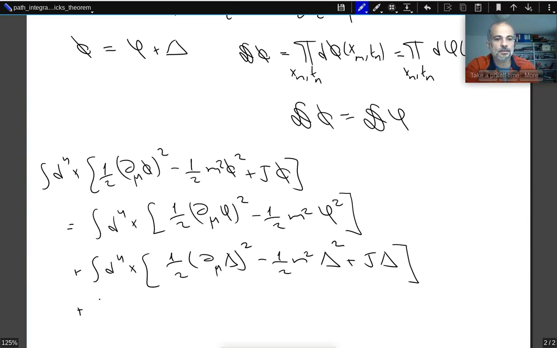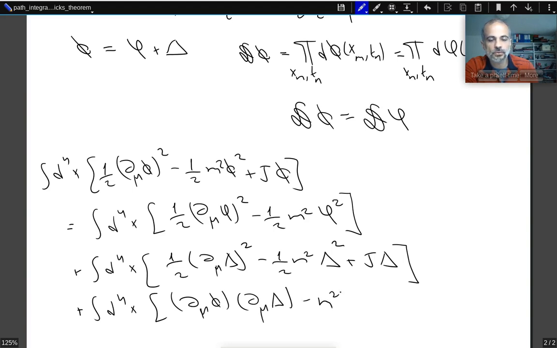Plus there are also the cross terms, d mu phi d mu delta minus m squared phi delta. Oh, the new field, this is not the old field, the new field.